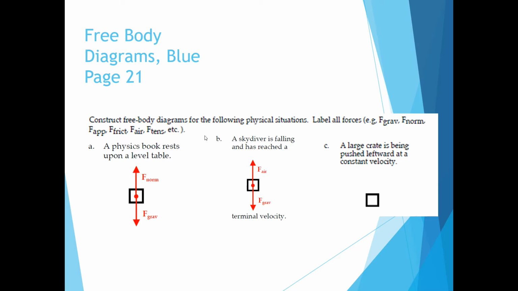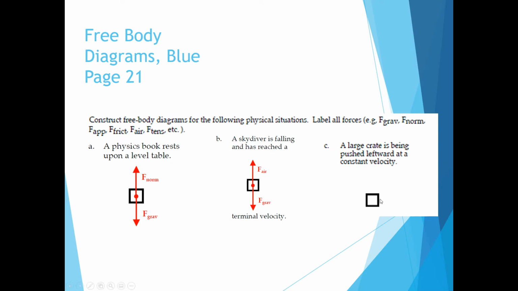The next one is a large crate is being pushed leftward at a constant velocity. So if it's being pushed, it's most likely on the floor or on some sort of surface. So we have an F gravity going down always, and then we have a normal force going up, and they're probably balanced because it doesn't say that it's levitating.